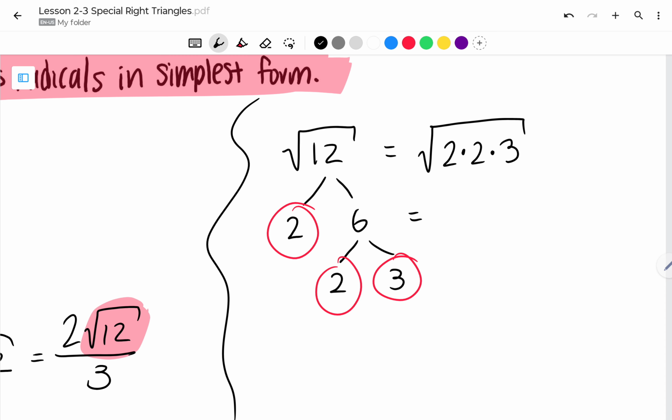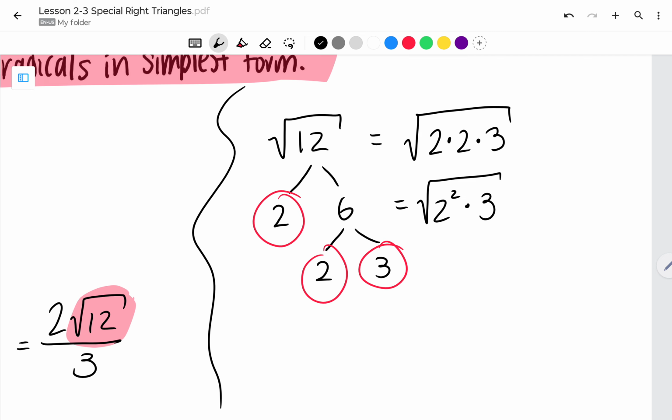So then let's group them up in pairs. I know there's two 2s and there's just one 3. So then we can break that up into square root of 2 squared times square root of 3. And remember, the square root and square cancel each other out because they're opposites. So you're just going to be left with this.